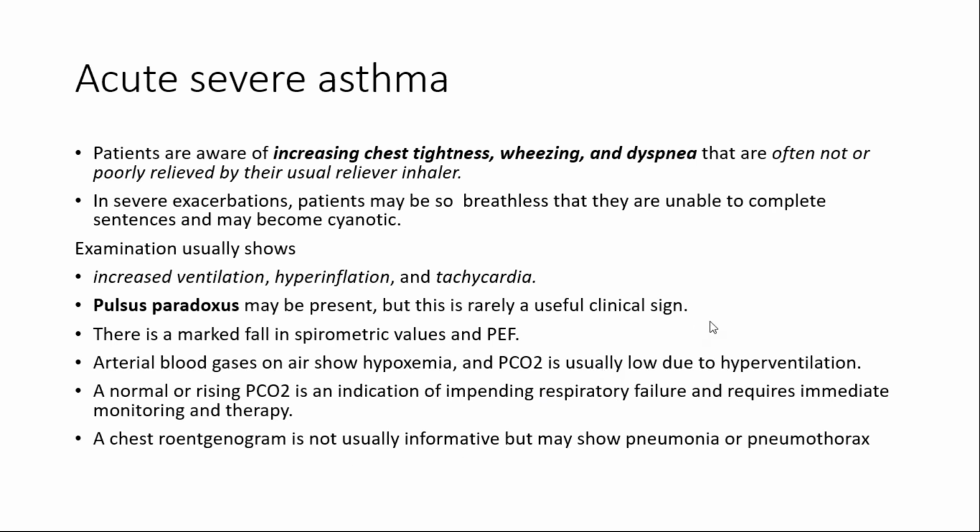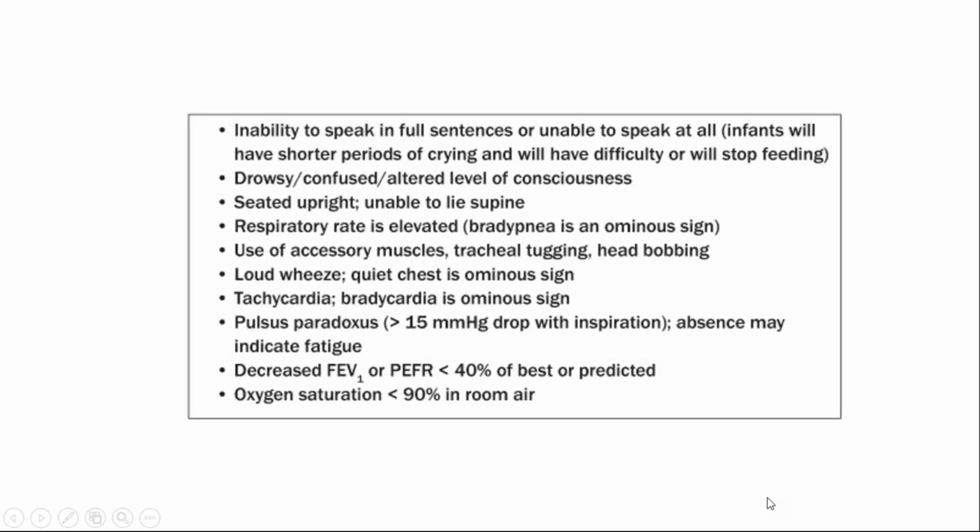In acute severe asthma, chest X-ray is usually not helpful unless the patient has developed pneumonia or pneumothorax, which are the trigger factors for asthma. These are basically the signs of acute severe asthma.